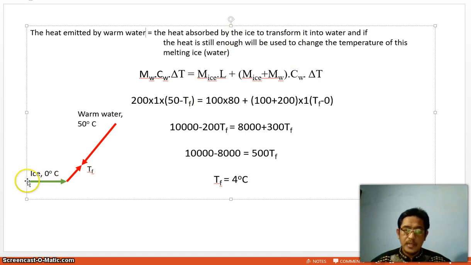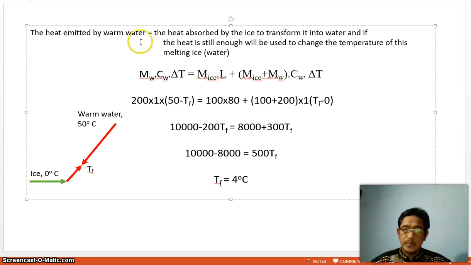So you draw this line, ice at 0 degrees Celsius. If you put some energy into this ice, it will transform into water. And the water from 50 degrees Celsius will decrease in temperature to a final temperature. So we write down Black's rule.